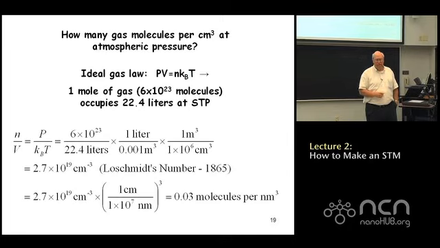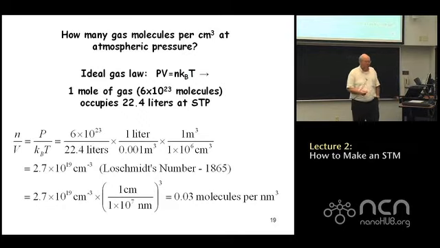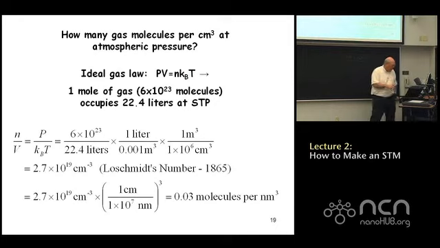Over a long period of time, atoms will work their way in and cause noise in the tunnel current. There'll be scattering events. But usually the electrons tunnel from the tip to the substrate very quickly, and in the time it takes them to tunnel, there are no gas atoms in that tiny volume. So that's a simple explanation that may help you understand why STMs do work in air, right?